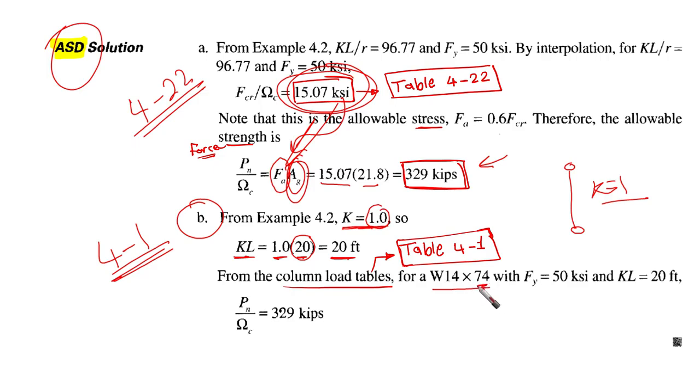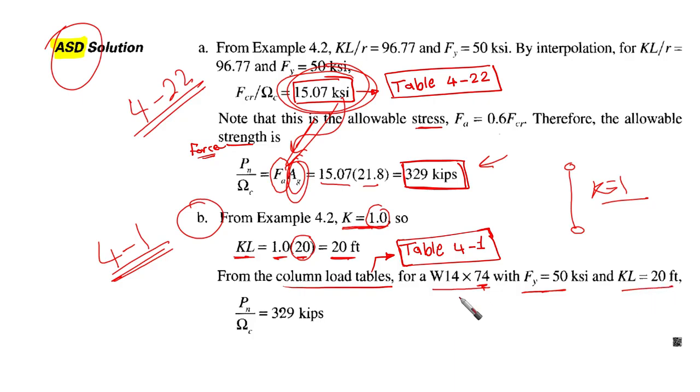This is per unit length, with F yield 50. Please stop the video here and go check the table again. You're going to find it as we have explained before, but it is very important for you to get familiar with the tables by using them yourself.